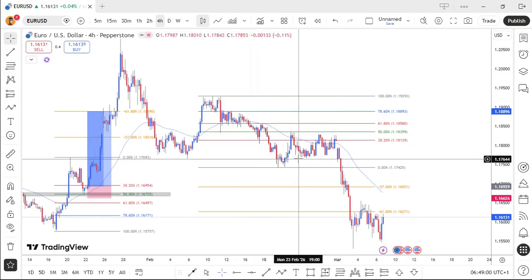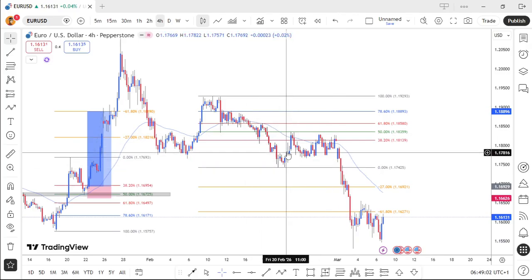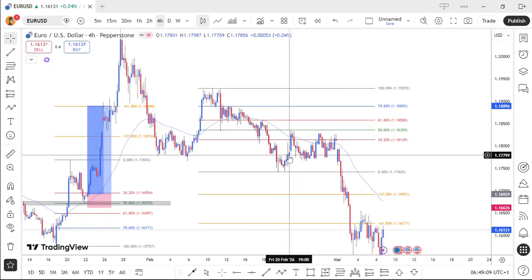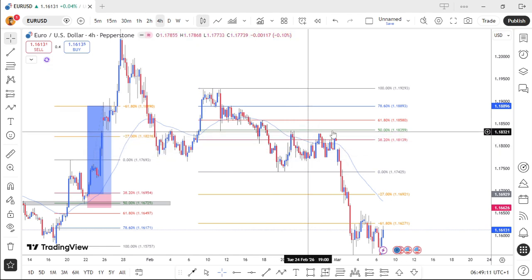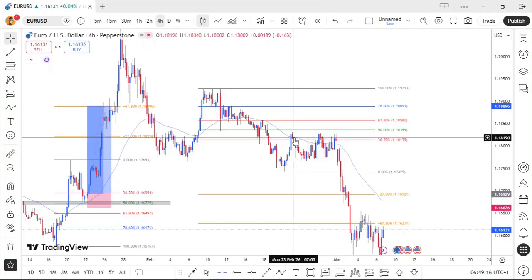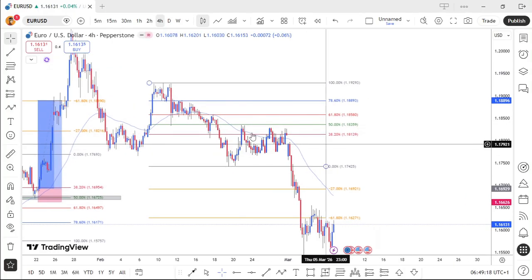So in this case, when the market is retracing, you just pay attention to the Fibonacci levels and see where the market will create rejection. You see, in this case, the market came to this 50.0 level and created what? Rejection.